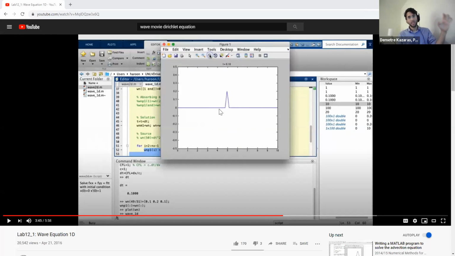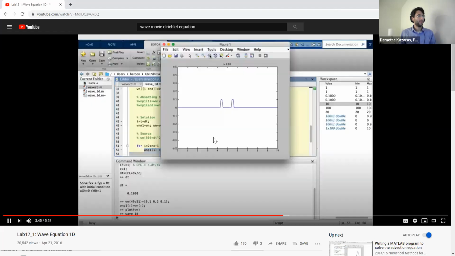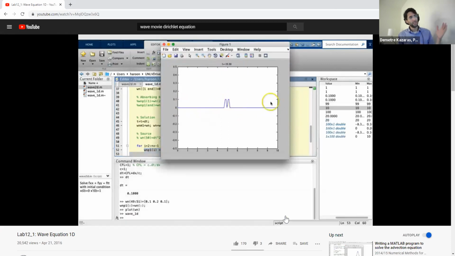So what would you expect? You would expect this to break into 2 pieces, move to the sides, and then, well, you'll see what happens. Here we go. Okay, but you see it bounces off the sides.